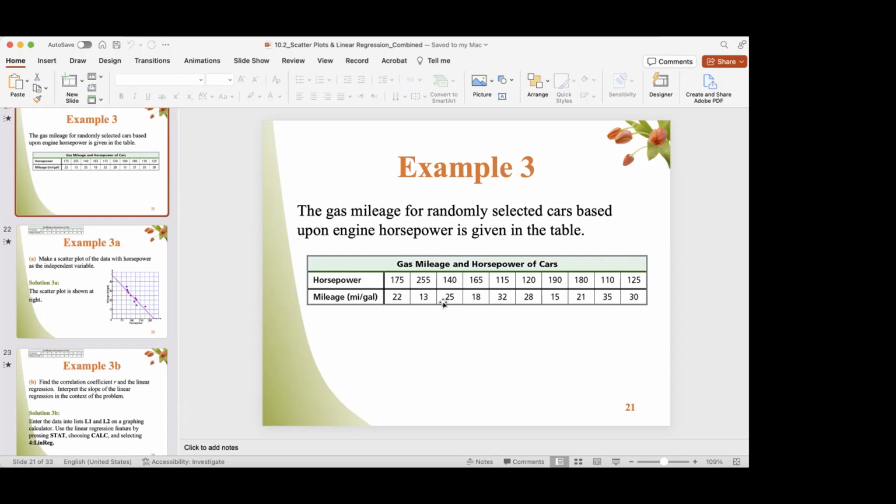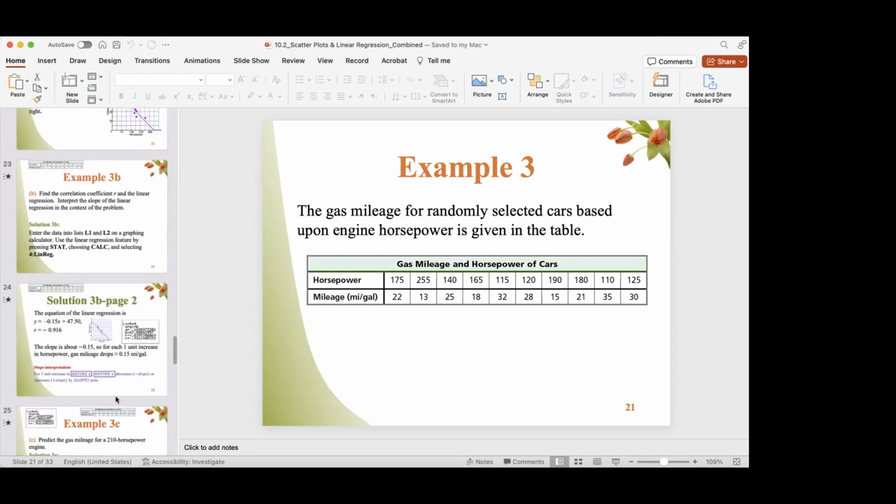In example 3, X is horsepower, Y is mileage. Every time I give you a table and I ask you to draw a scatter plot and give me a line, always the top row is your X. The bottom row is your Y. So always top row is your X, the bottom row is your Y.